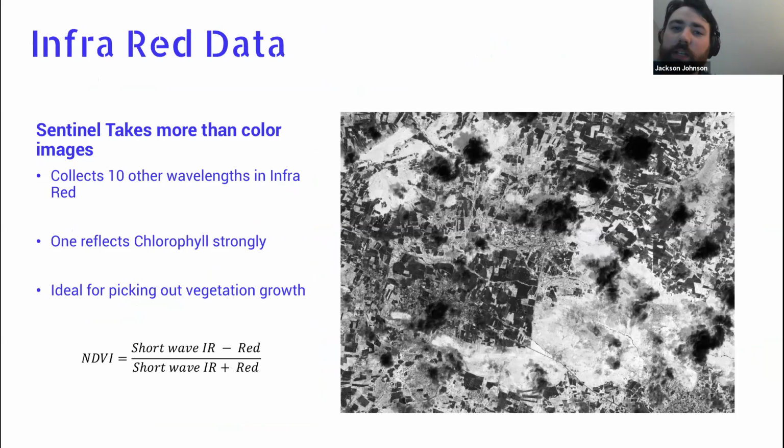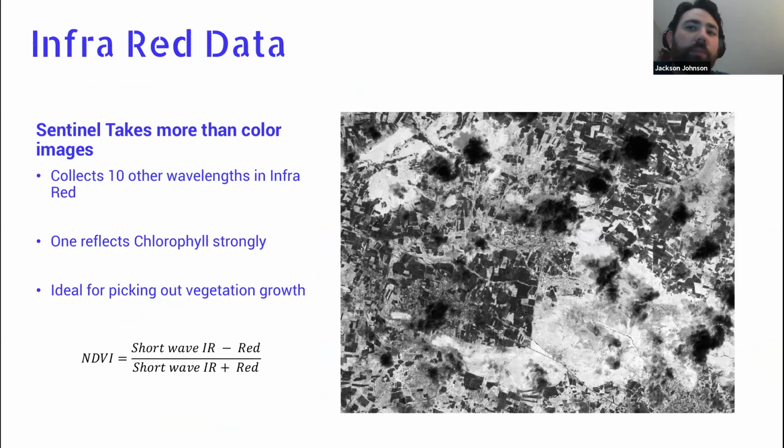They can pick out a couple of very special light wavelengths that are useful for detecting vegetation density. There is chlorophyll, the molecule inside of plants that makes them green and also helps them grow.